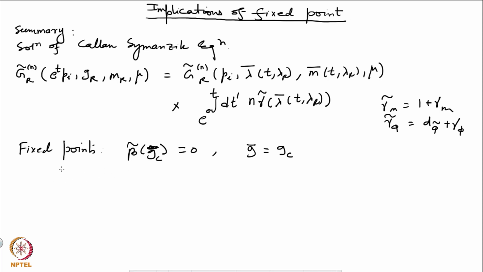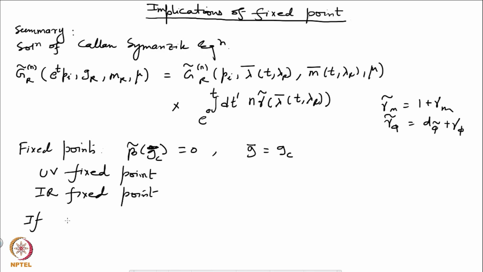That's a fixed point, and you can have an ultraviolet fixed point or an infrared fixed point. And here g_c could be or could not be 0.